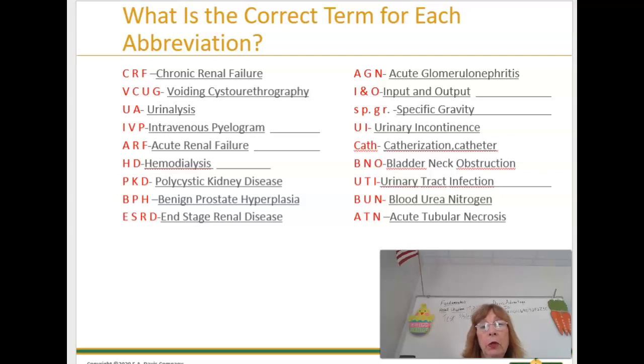But the other one would be your UA, your urinalysis. Then you've got the chronic renal, the acute renal failure, hemodialysis, benign prostate hyperplasia, know your end-stage renal disease abbreviation, I&O, specific gravity, UI for urinary incontinence.